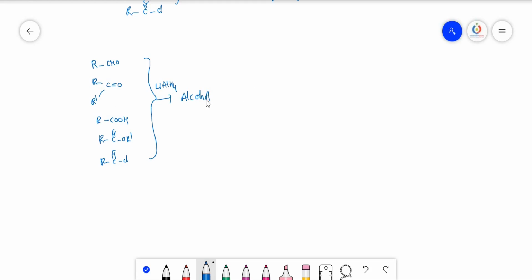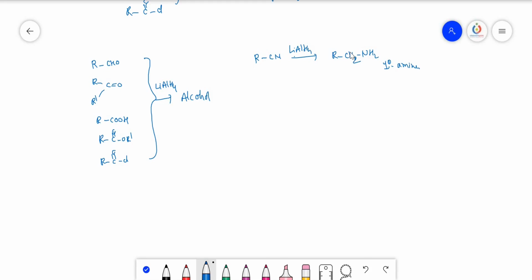And apart from these, you can include cyanides. With lithium aluminum hydride, the CN is converted into CH2 and NH2. So primary amines. I'll write the functional group itself directly so that you can understand: R CH2 NH2, primary amines.